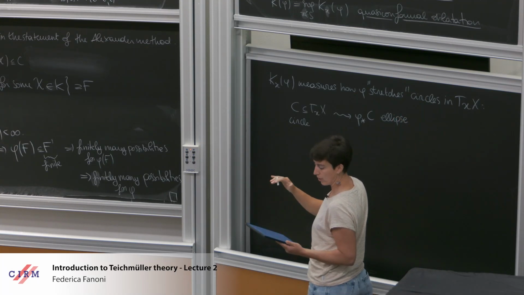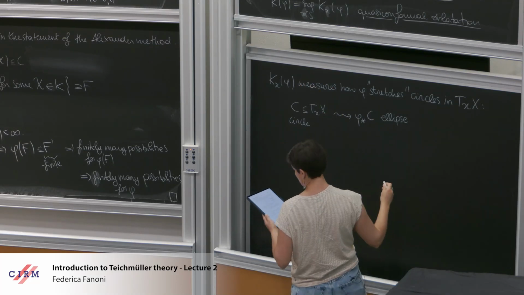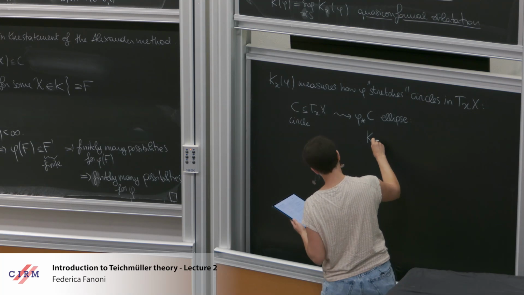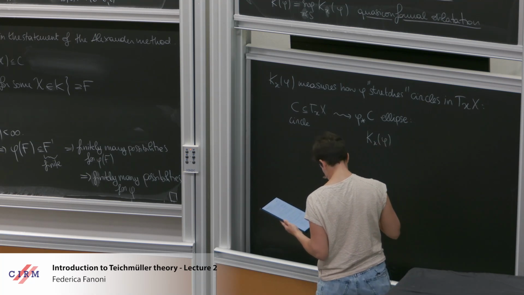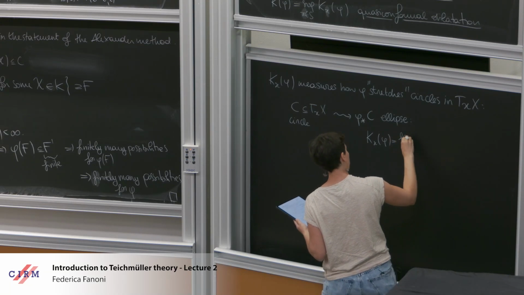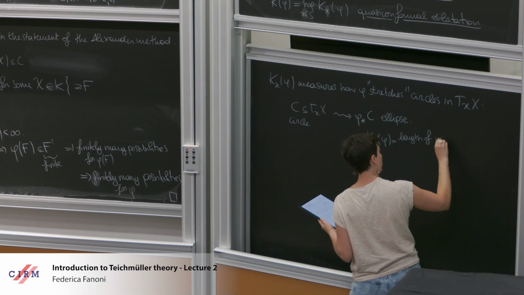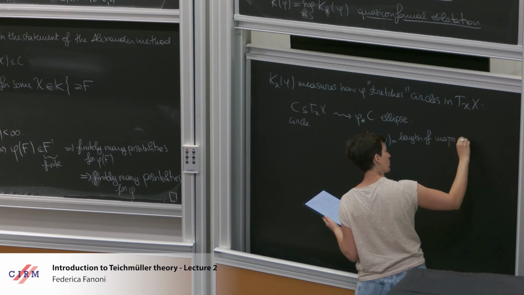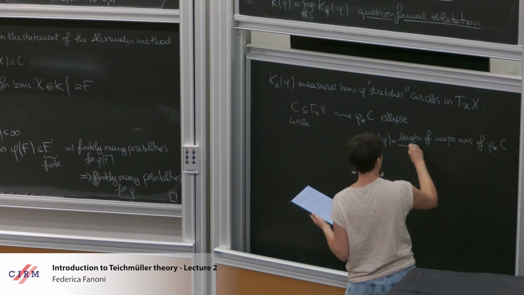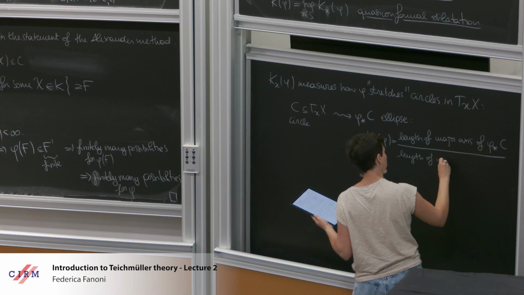And we know what the ratio of the major and minor axes is, and that's controlled by this. This is the length of the major axis divided by the length of the minor axis.